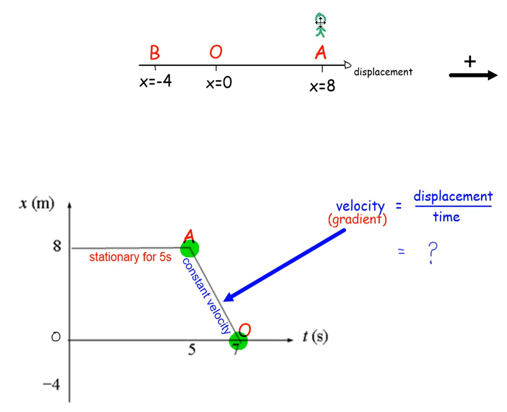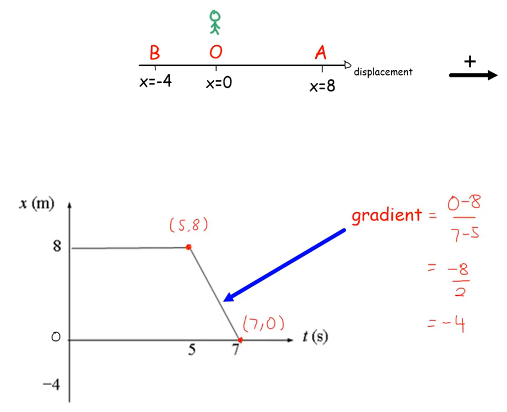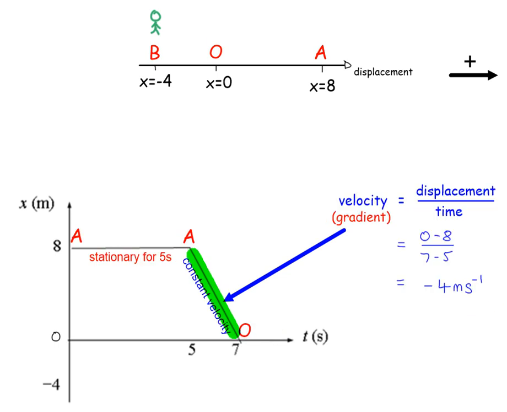With a constant velocity, the person moves from A to O, taking 2 seconds. The displacement at O is 0 meters. The gradient of this portion of the graph, which represents velocity, is -4. So the velocity is -4 meters per second.